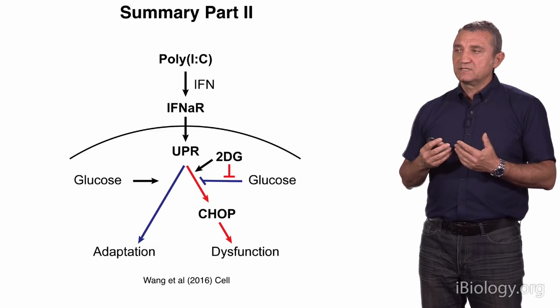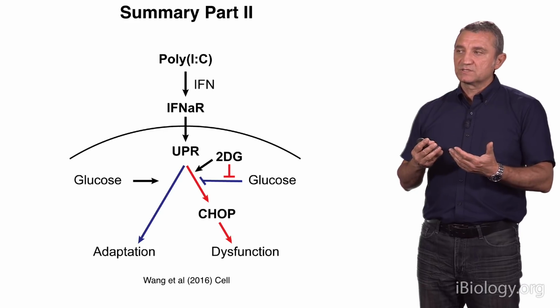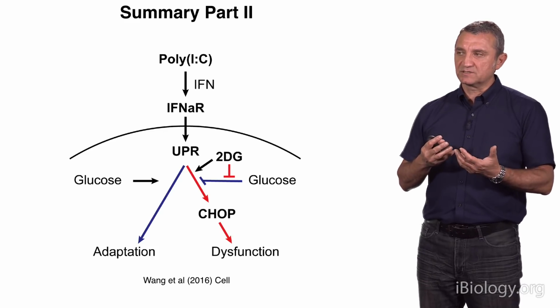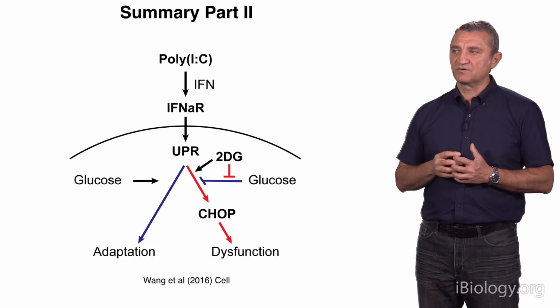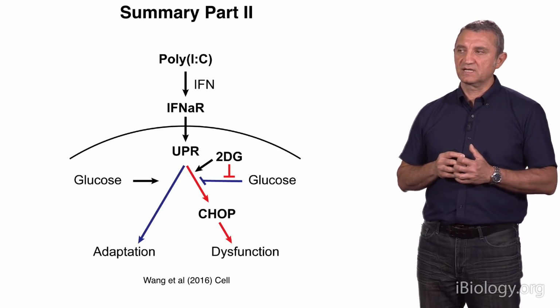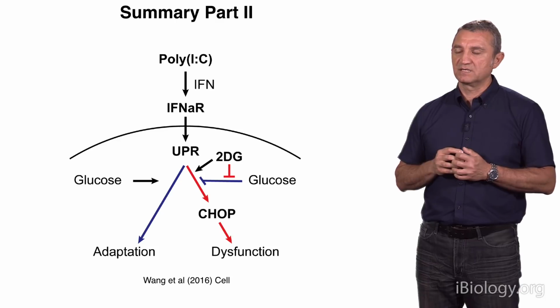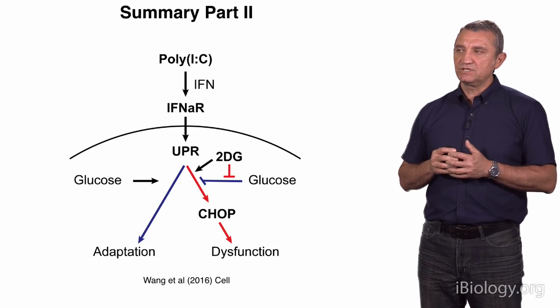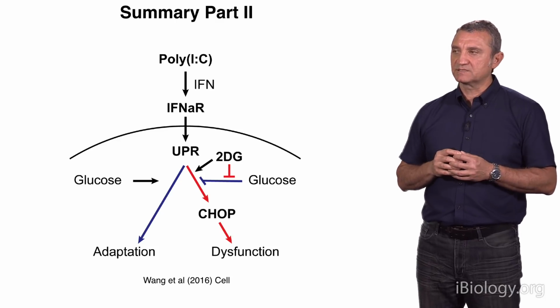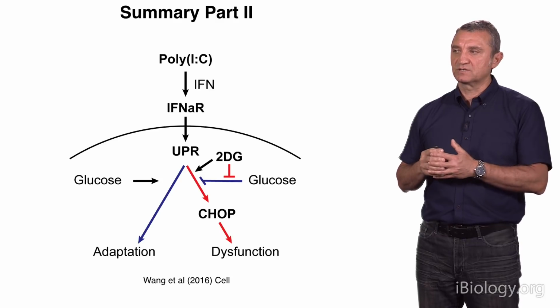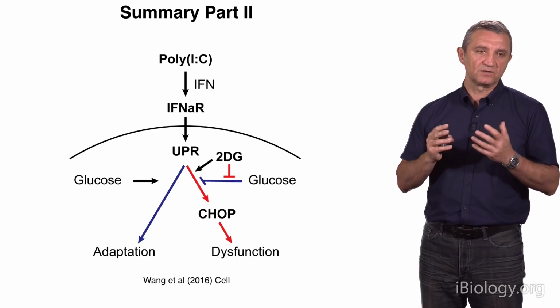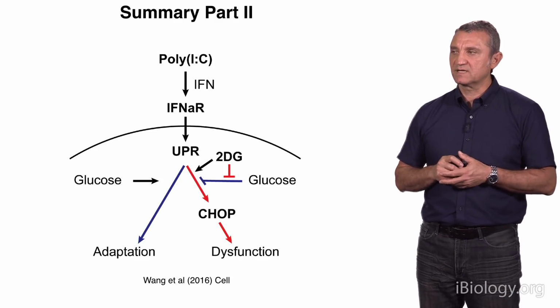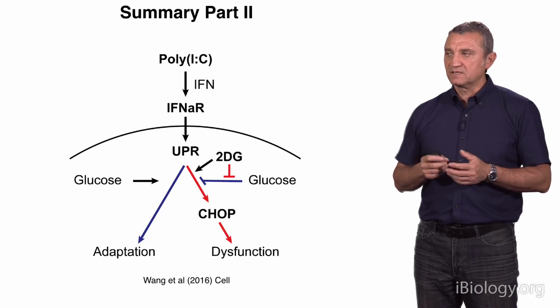But what happens in the context of this response with metabolites is that glucose ameliorates this response. It prevents induction of CHOP and neuronal dysfunction and death, whereas 2DG exacerbates it and leads to CHOP induction and subsequent loss of function of the brainstem and autonomic control centers, resulting in death.